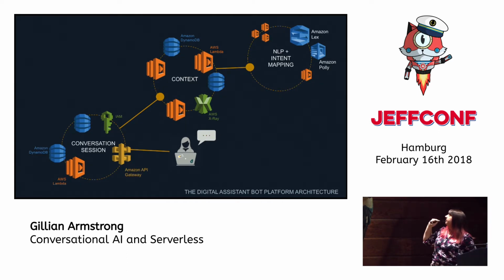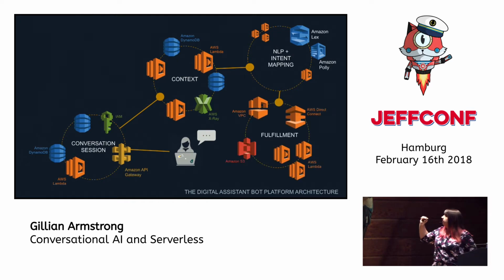Now, you'll notice that while Lex is a really important part of our architecture, it is just a tiny part of this diagram. Amazon Lex, of course, maps to fulfillment Lambdas. And we have a number of different fulfillment Lambdas. We have ones that hook up to internal services on-prem, and that's why you see VPC and Direct Connect up here.